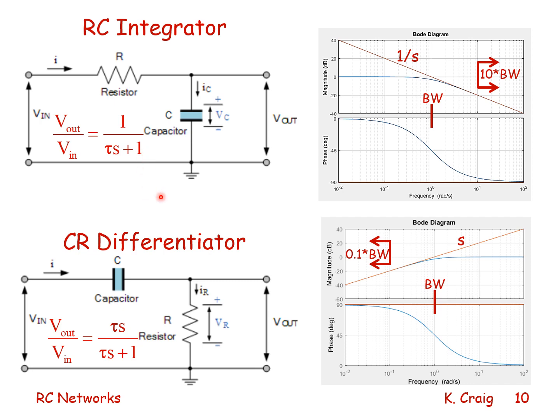So as we will learn over and over again, for this RC circuit, which is a first order dynamic system, its frequency response looks like this. It is flat until it gets to what we call the bandwidth, which is 1 over the time constant, tau.